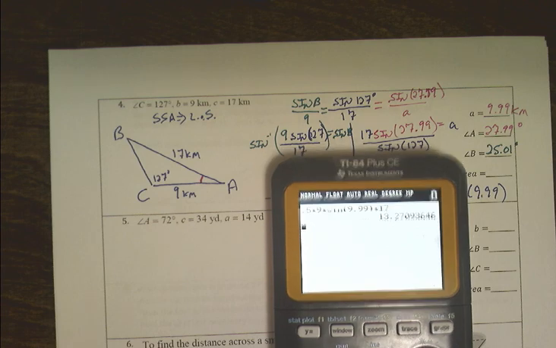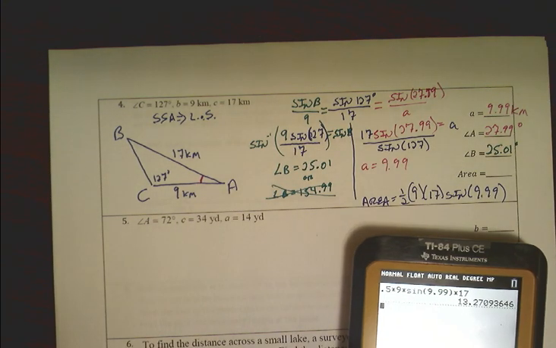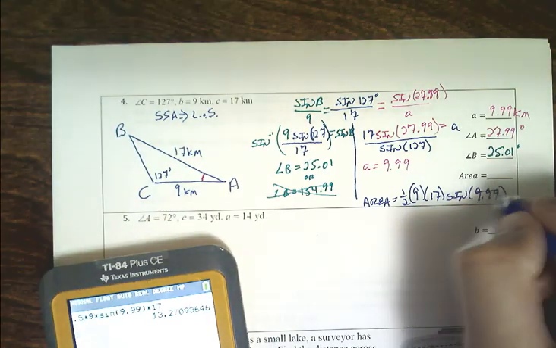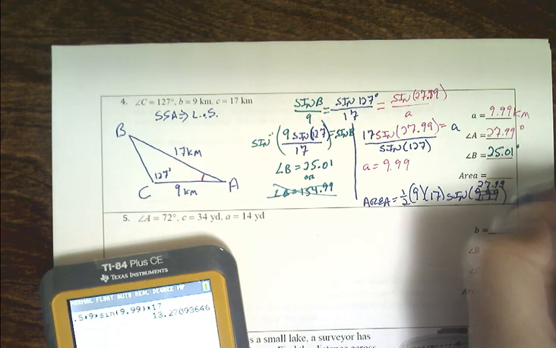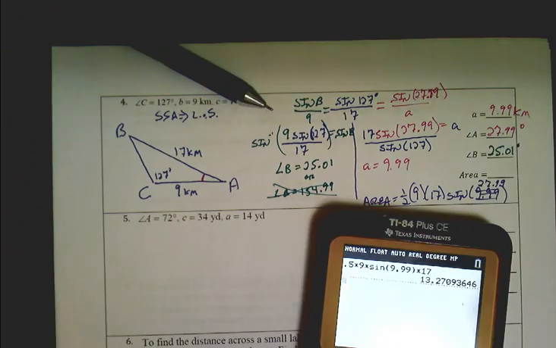13.27. What did I do wrong there? 9, 17, and lowercase a is 20. Oh, I'm bad. Not 9.99 degrees. This should be 27.99. That number did look way off.